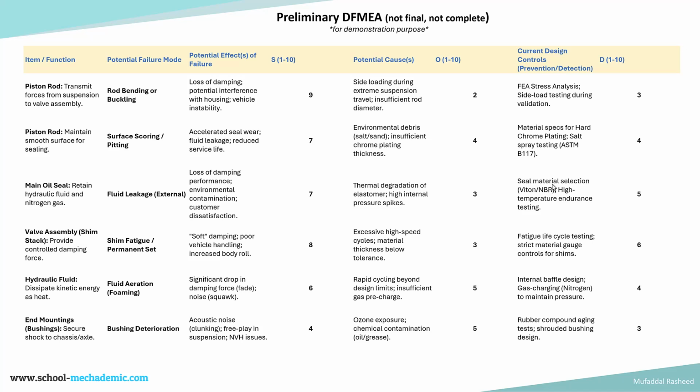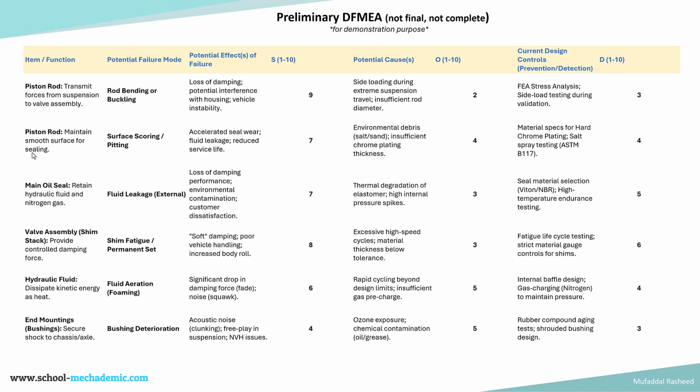So the design prevention control over here is seal material selection. That is, the material selection aspect of the design is a design prevention control, because that is under the control of the design engineer. Then the design detection control is high temperature endurance testing, in which we are actually physically testing the shock absorber and checking whether it is having any fluid leakage or any loss of damping performance, which is related to the oil seal failure.